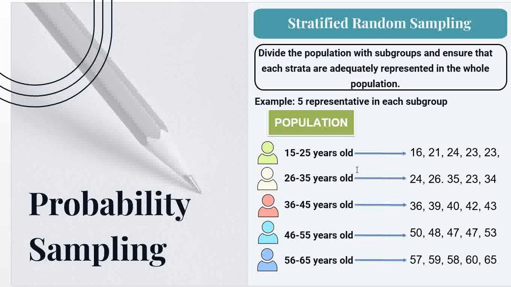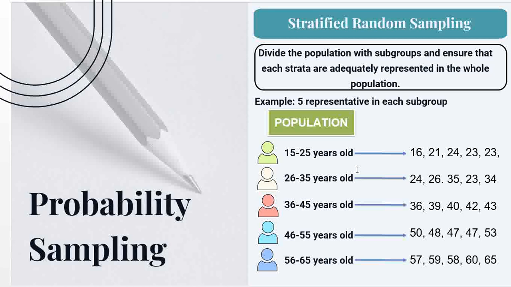Okay? Now, let's proceed to the last type of probability sampling. Here, you are going to divide the population into subgroups, to make sure that all of your population is represented. Let's say your population is very large, let's say 100.